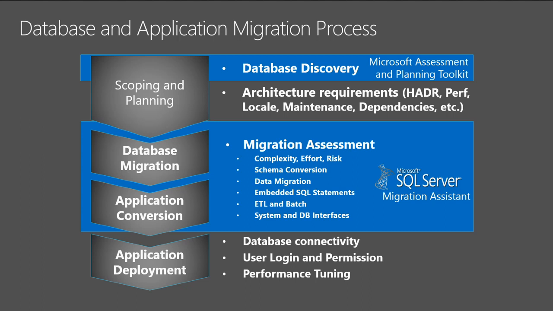After you're done with that, what is important to understand is the architectural requirements which exist today for your Oracle environment. Let me give you a couple of specific examples. For example, if Oracle is using Data Guard to create a redundant instance, a secondary instance or a replica or whatever you want to call it, they might be using it for high availability or for disaster recovery.